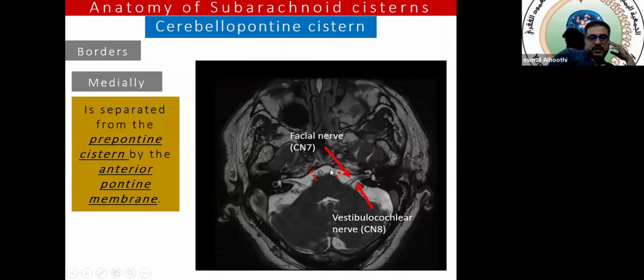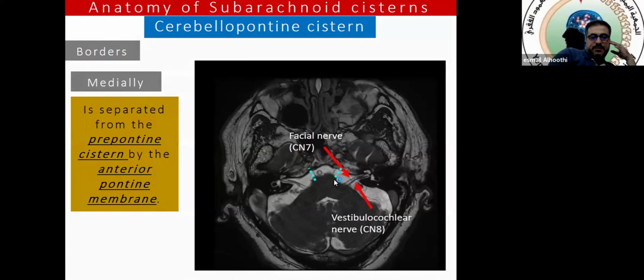So in the anterior part of this MRI is the prepontine cistern. Just posterolateral to it is the cerebellopontine cistern. The membrane which separates these two cisterns is the anterior pontine membrane.